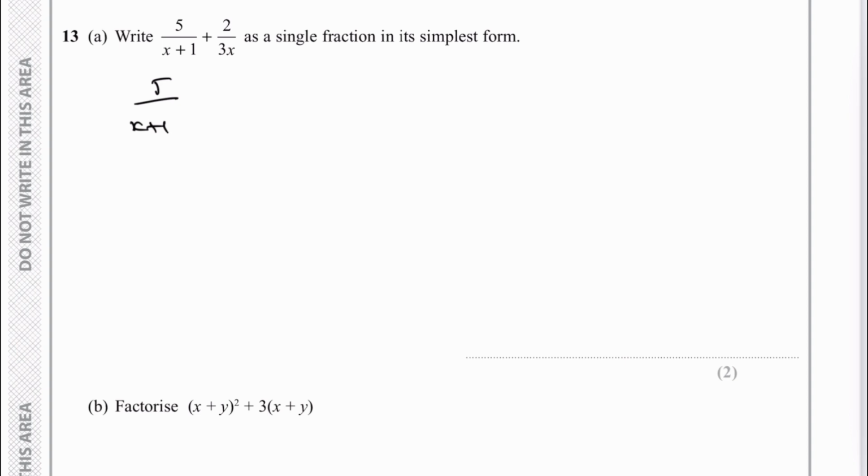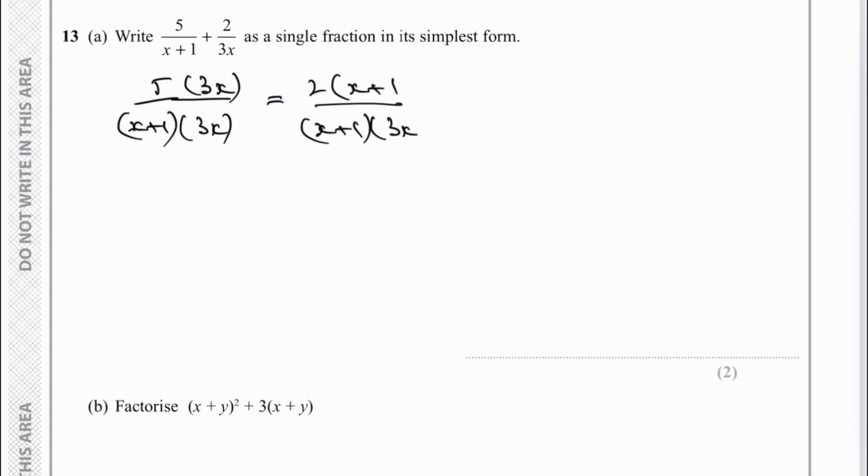Well, I need to multiply that by 3x, top and bottom, in order to make the denominator the same as the next one, because then I'm going to have 2 multiplied by x plus 1, and that's all divided by x plus 1 multiplied by 3x. So what I've done there is I've made those denominators exactly the same.